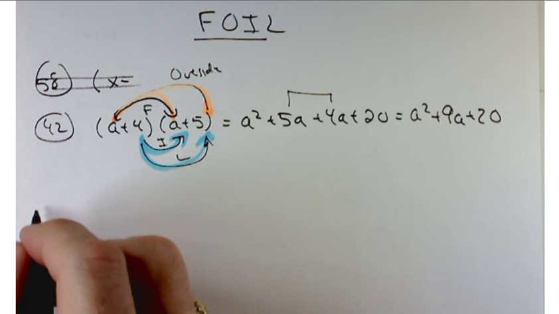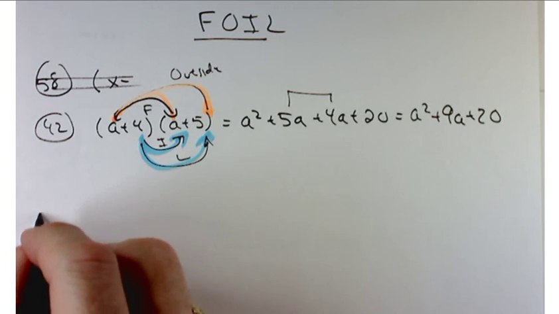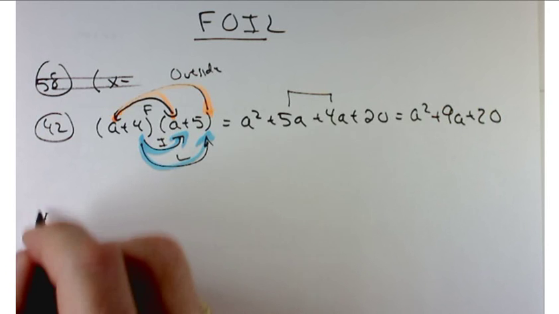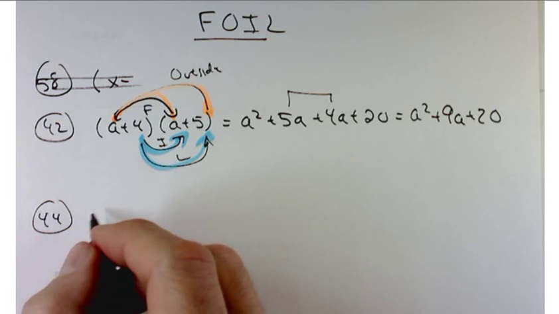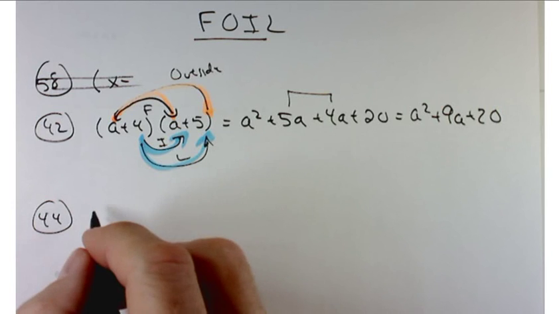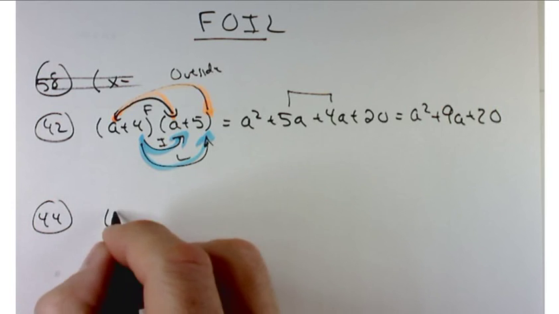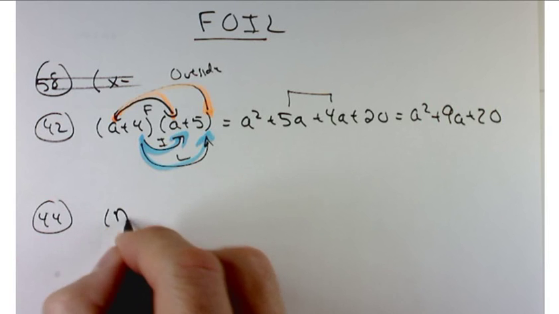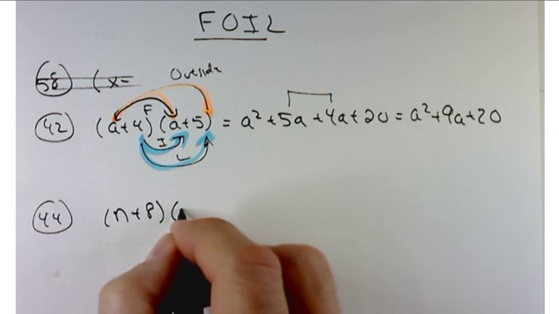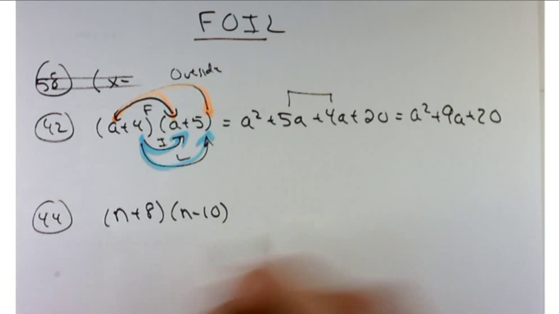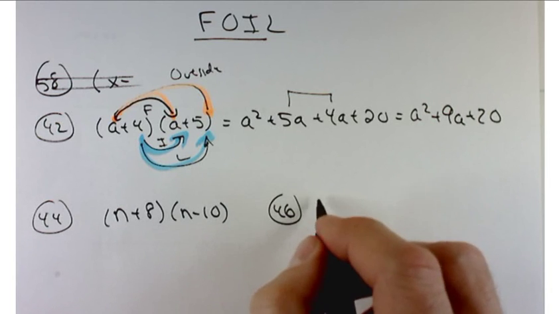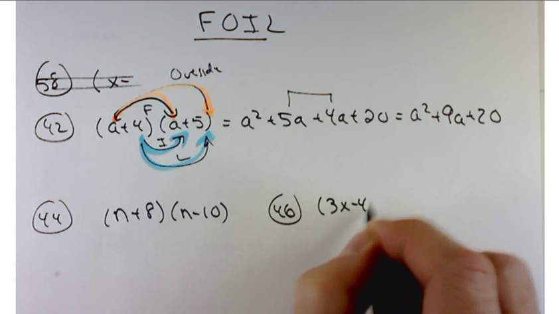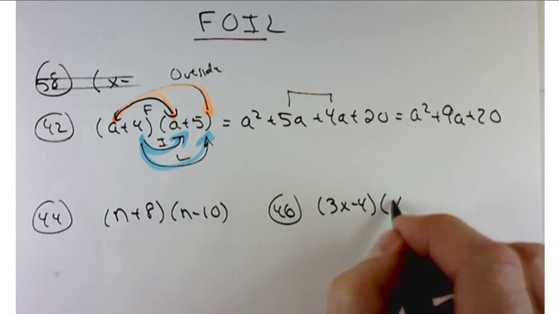All right, I'd like you to do a bunch. Problem number 44, 46, and 48. 44, 46, 48. So n plus 8, n minus 10. 46 is 3x minus 4 times x plus 5.